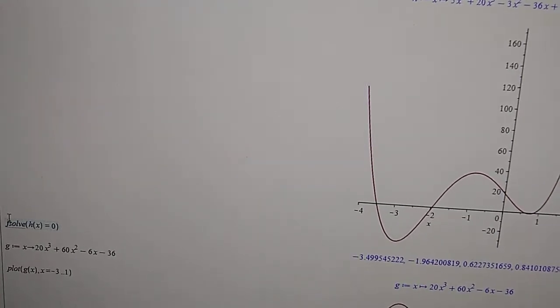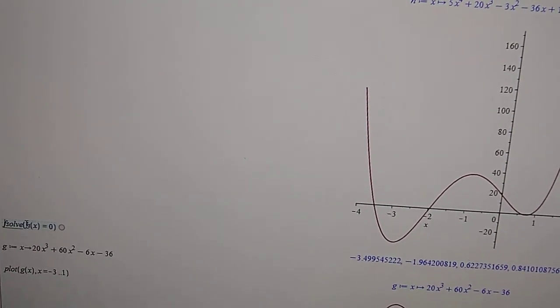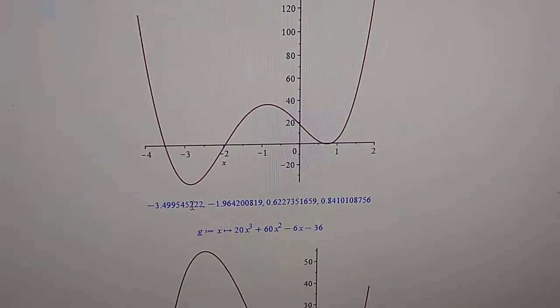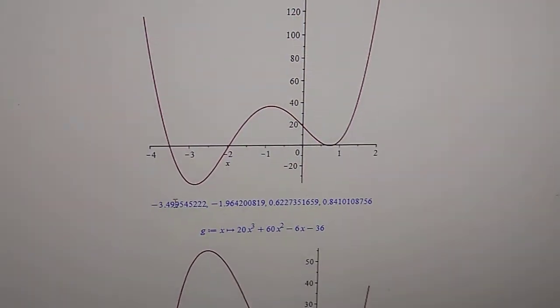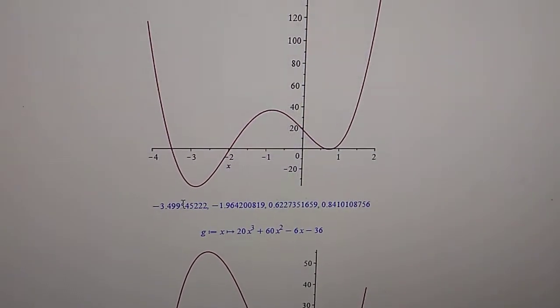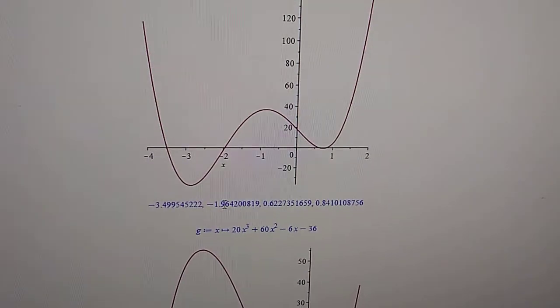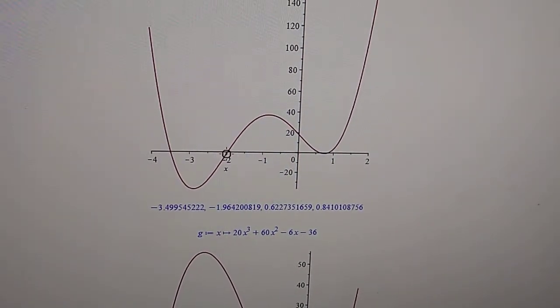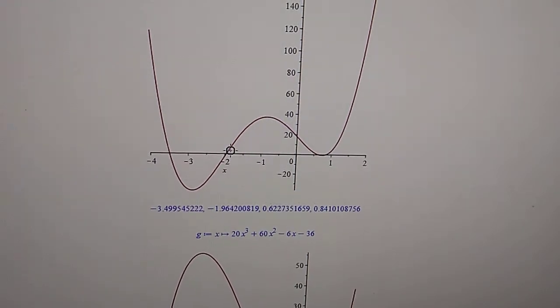On Maple, I do this by saying fsolve. And that tells me these numbers. Sure enough, the first one is extremely close to -3.5. That's about what we were expecting. Here's one that's very close to -2, and that's the answer that we were seeing right around here.